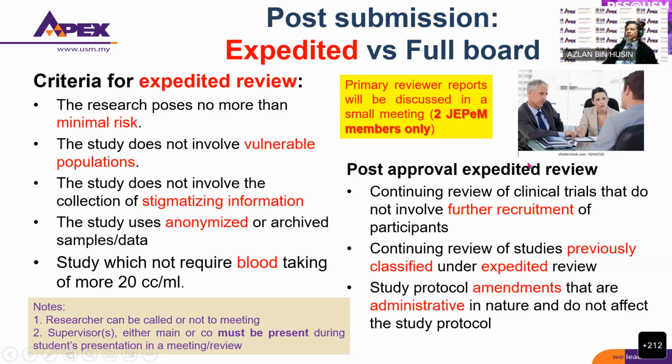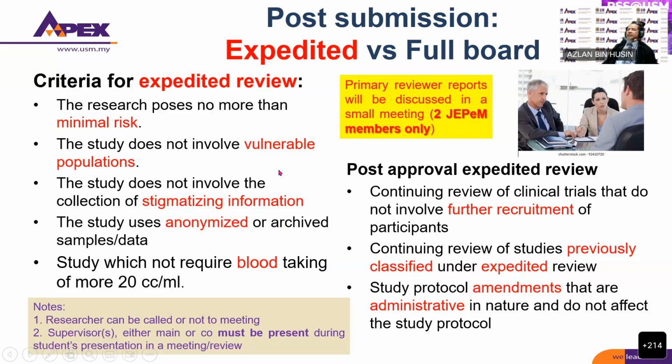Because we require only 2, we do not have to involve many members that have their own busy schedules. Okay, this is expedited new submission.